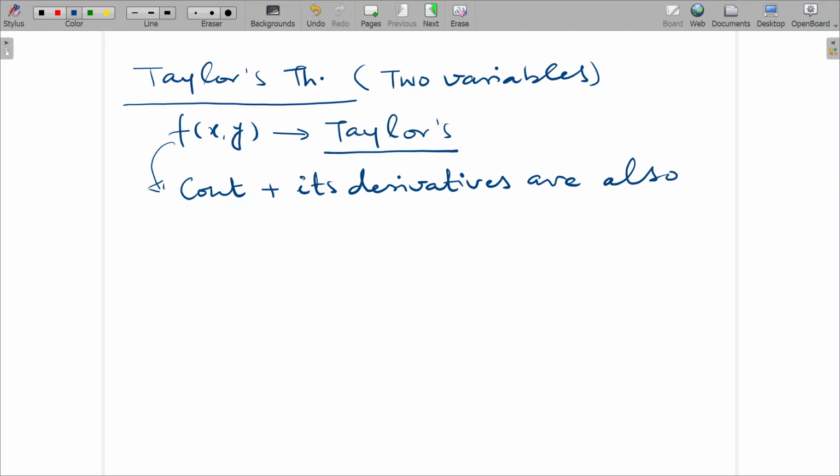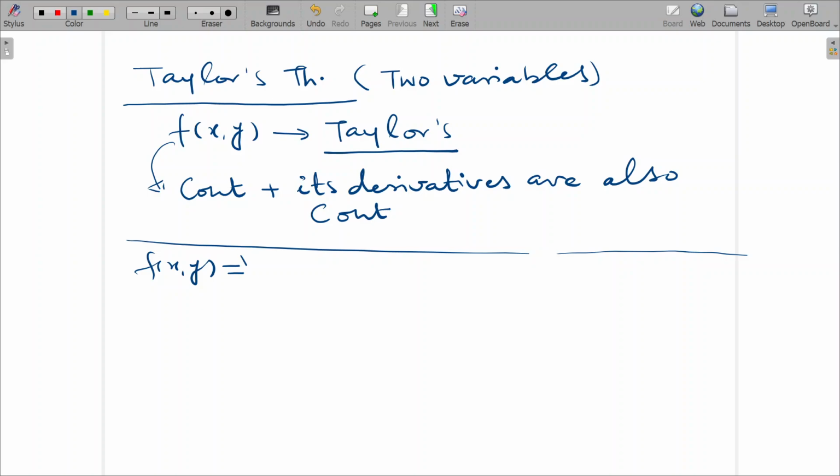So these are the basic requirements, and suppose we have to expand this function f(x,y) in terms of Taylor's theorem or Taylor's expansion.